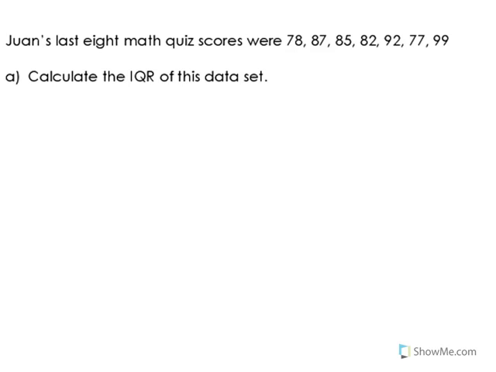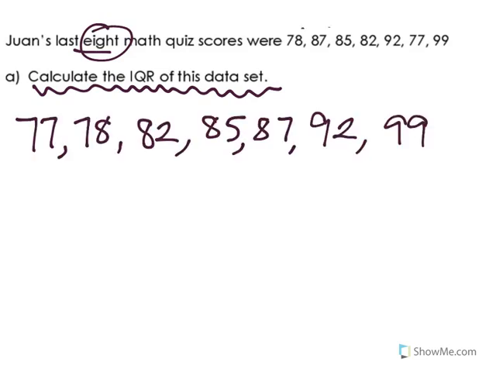And finally, looking at this last example, it says Juan's last 8 math quiz scores were 78, 87, 85, 82, 92, 77, and 99. The question is asking us to calculate the IQR of the data set. If I'm going to evaluate these 8 pieces of data, I need to first put them in order from least to greatest. Now that I have ordered these quiz scores, I know we are given 8 math quiz scores.